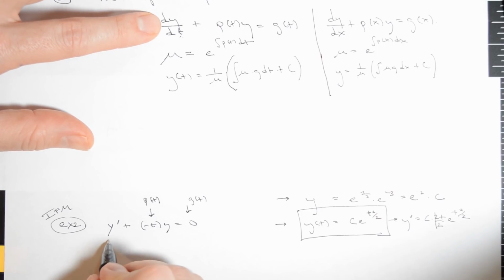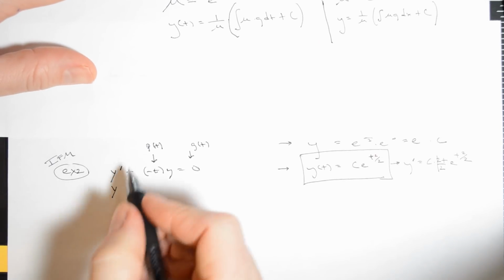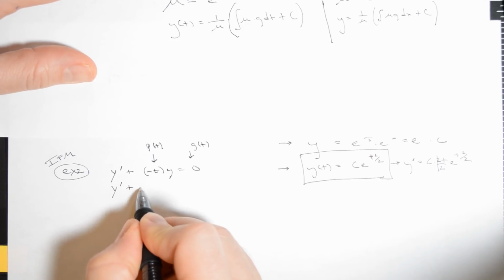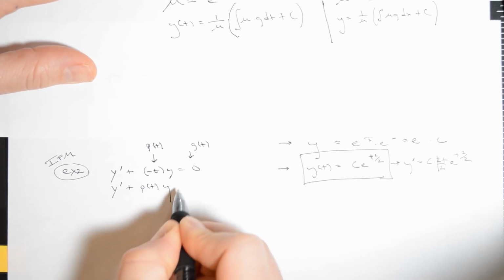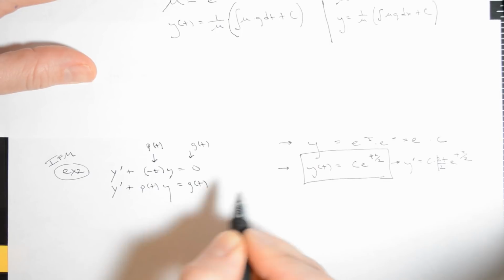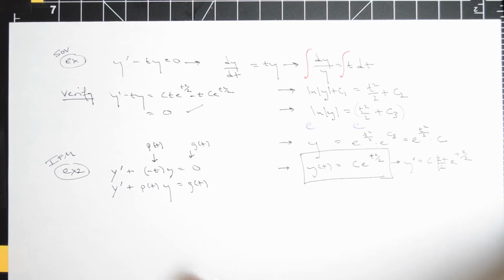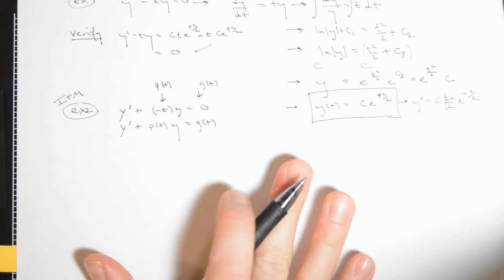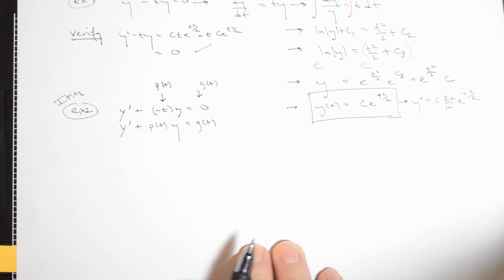So this is now in the form y prime plus p of t y is equal to g of t.